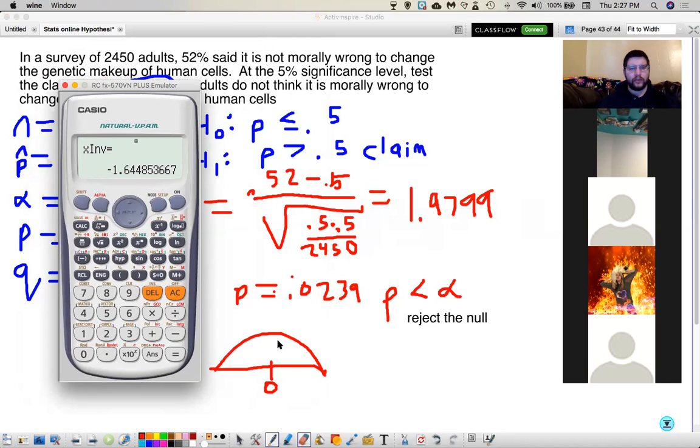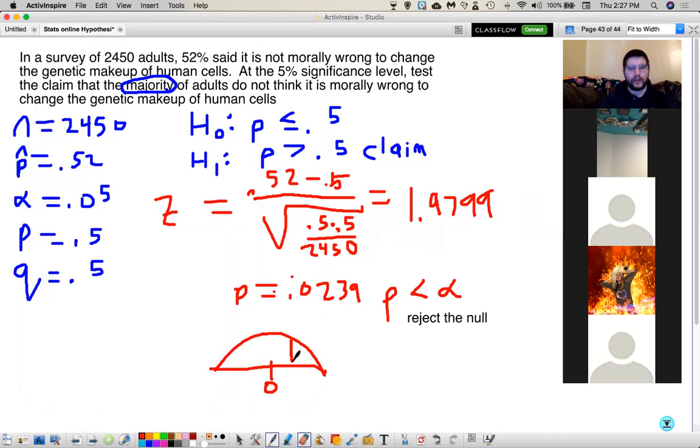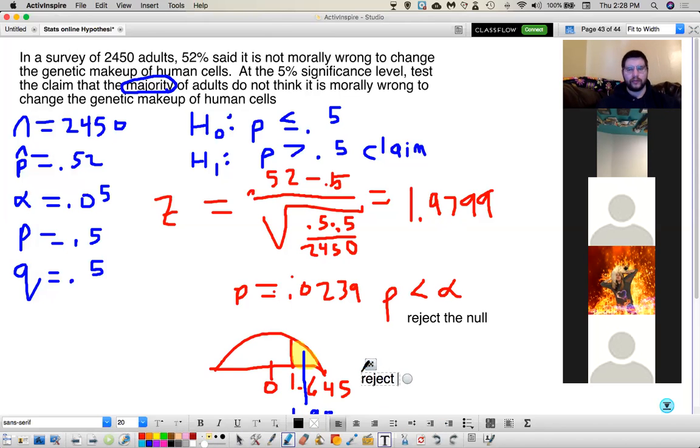So that's my critical value. I'm using positive because it's a right tail. My critical region is to the right of that. Now I'm going to plot my test statistic, 1.98. That's in that rejection region there. So again, we reject the null.